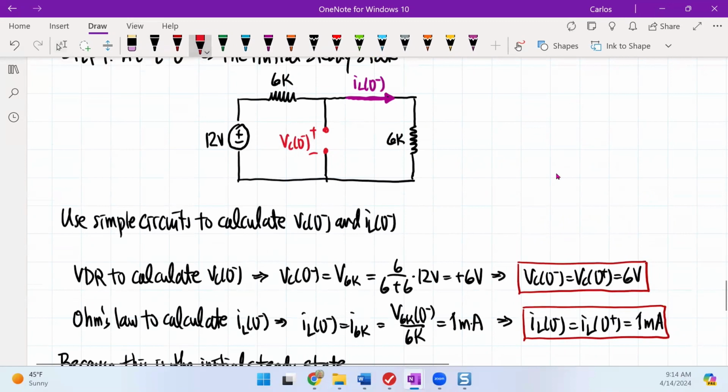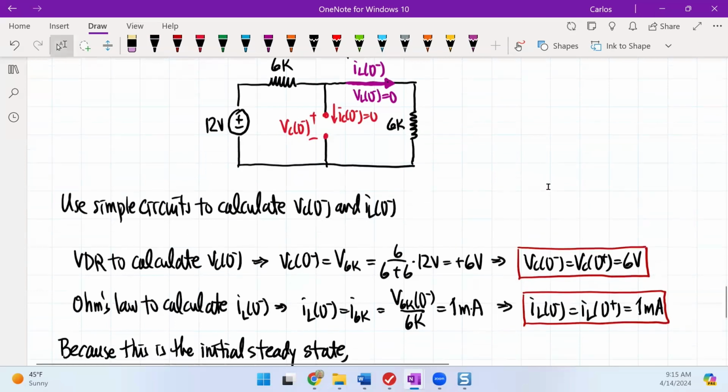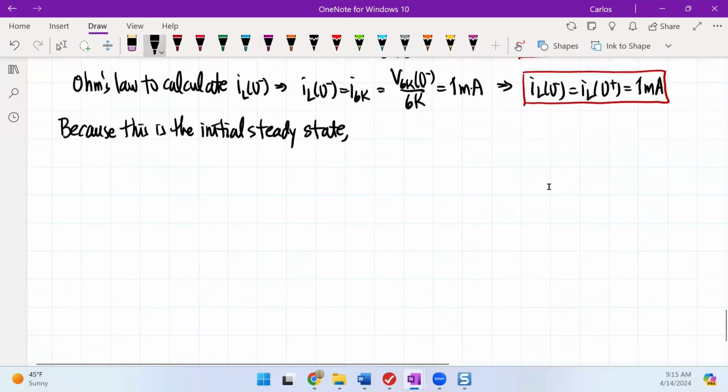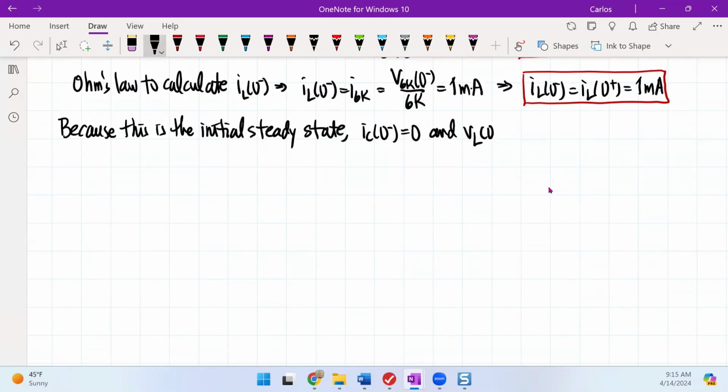So if I look at this current here, IC of 0 minus is of course 0. And the voltage across here, because it's a short, the voltage of the inductor at 0 minus must also be equal to 0. So we know then that IC of 0 minus is equal to 0, and VL of 0 minus is also equal to 0.